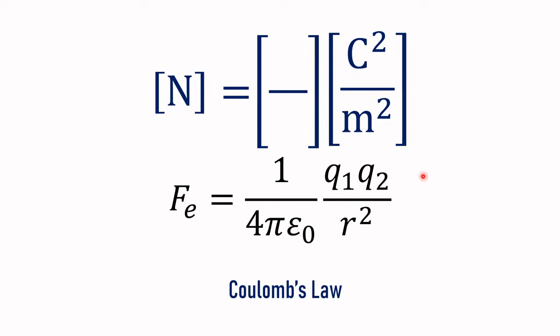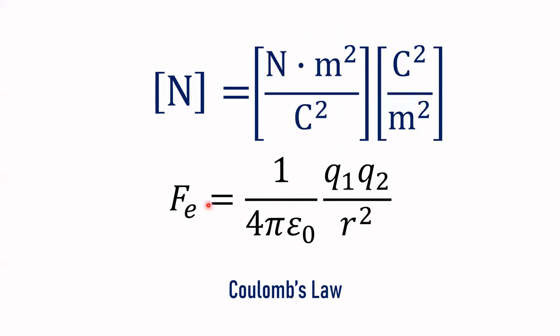Okay, so we have coulombs squared in the numerator, meters squared in the denominator, but we need newtons to come out. So after plugging everything into this formula, newtons needs to be the output dimensions. And so it's easy to conclude that this constant 1 over 4 pi epsilon naught, which was previously called K, must have the dimensions of newton meters squared over coulomb squared.